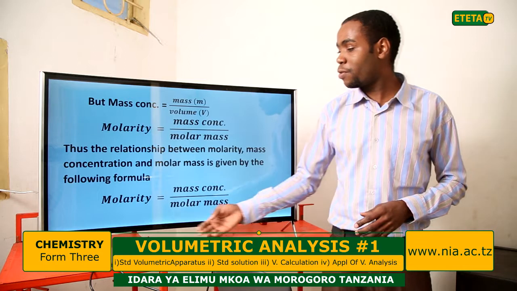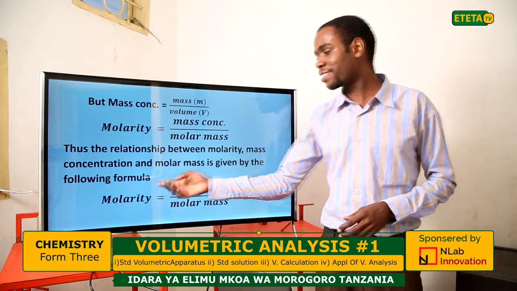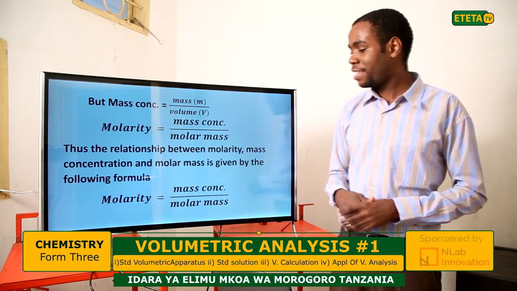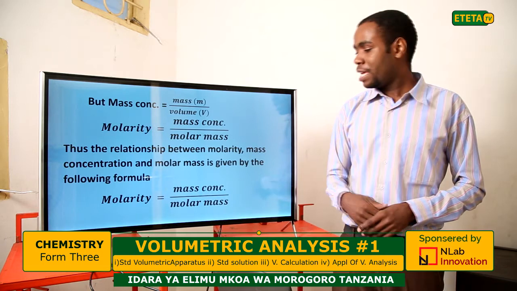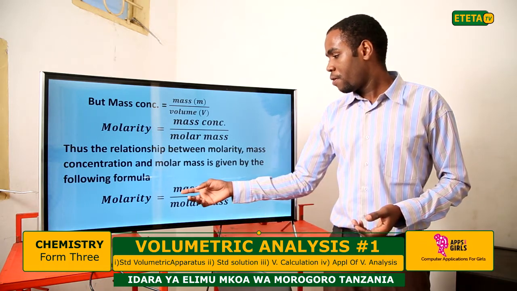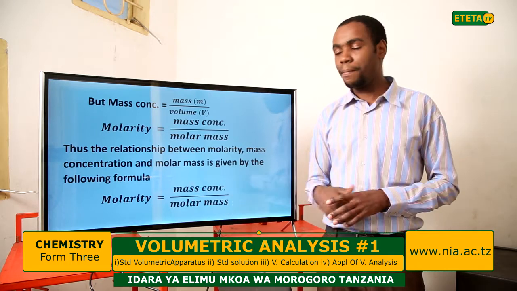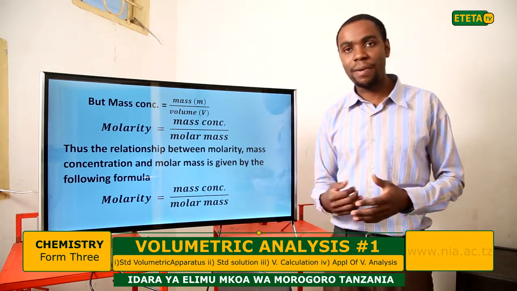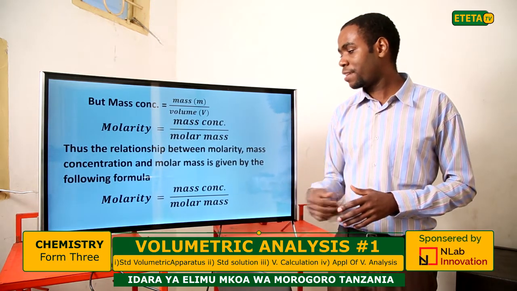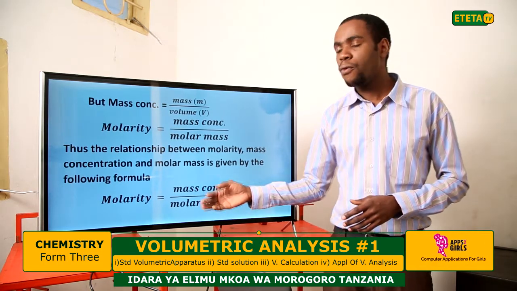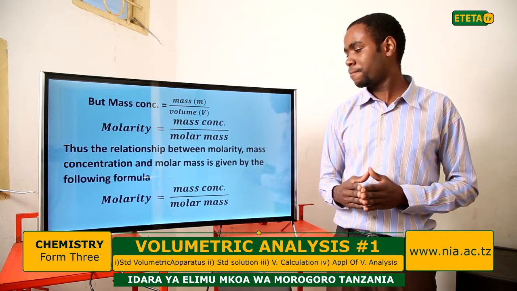If you have been given the value of mass concentration and the molar mass, and then you have been asked to calculate molarity, it will be molarity is equal to mass concentration over molar mass. If you have the value of molarity and molar mass, then they ask you to calculate mass concentration, it's a matter of making it the subject. You make it the subject, and the mass concentration here will be equal to molarity times the molar mass.